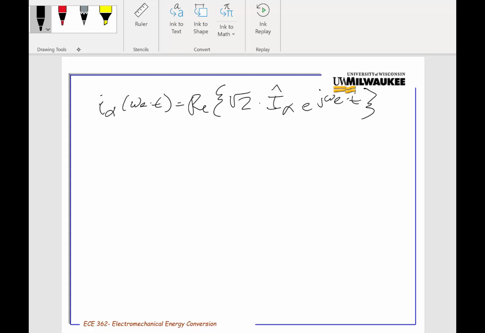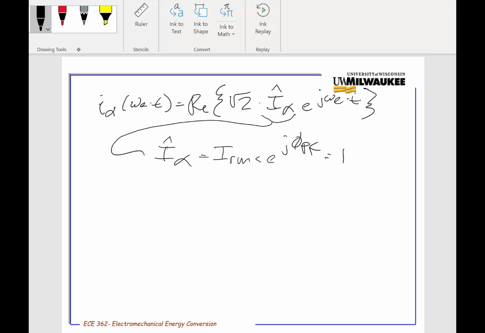So if we ever want to go back to the time domain, we just put it back into this form. But we're going to pull this out and work with it. And this is I alpha. Now this is going to be I RMS e^(jφ power factor), or I RMS at angle φ power factor.